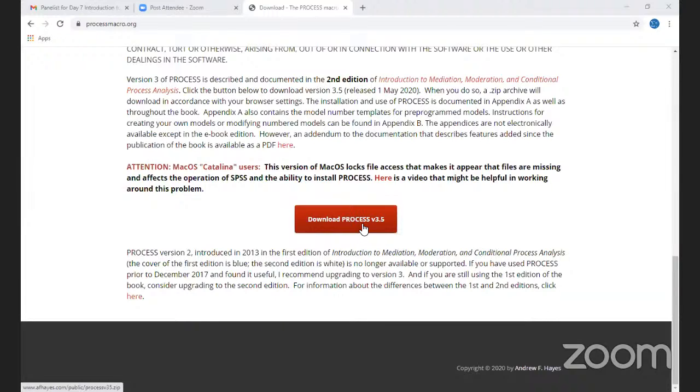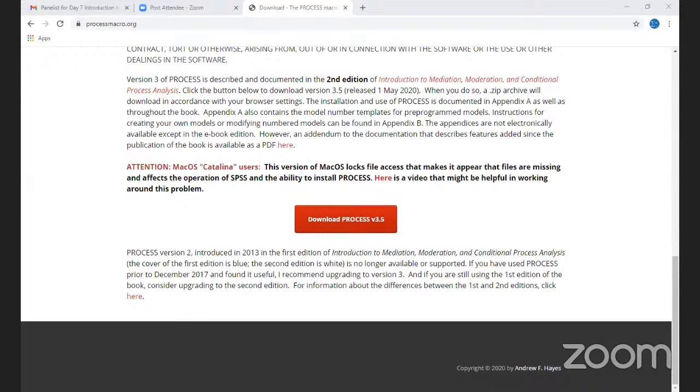After clicking download, you will get a zip folder, and you unzip it. After that you will get one file with the .spd extension. Okay, so you just download this and you come to SPSS.